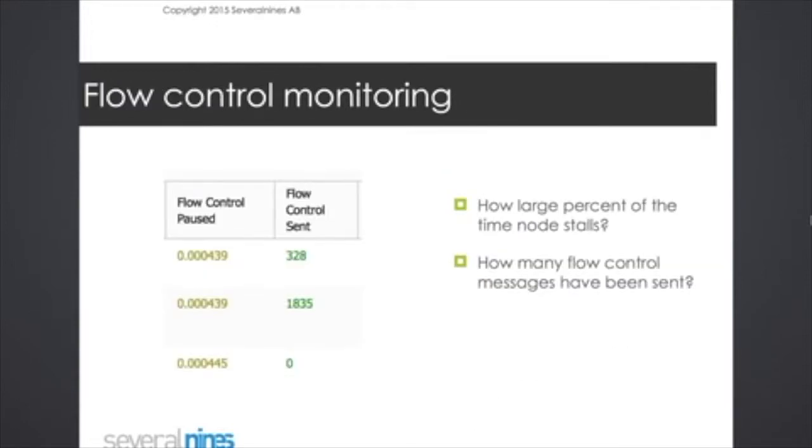Flow control monitoring. This gives us information about what percent of the time the node stalls, because it was asked to do so through the flow control messages sent.